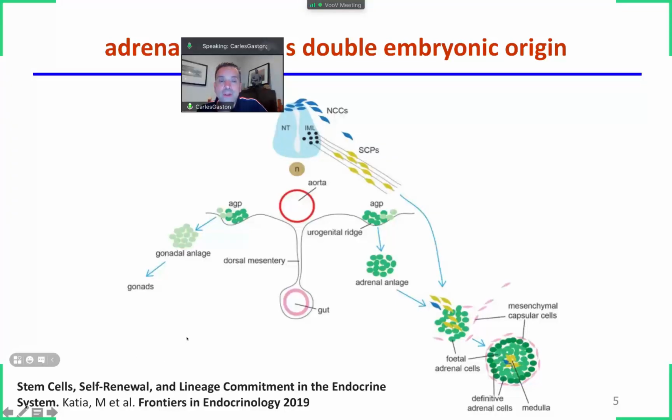Some of them are precursors of Schwann cells and some are neural crest cells. So they migrate, they enter the primordium of the adrenal gland, and they form part of the medulla inside. So the medulla has nervous system origin, sympathetic, and the cortex is formed from the mesoderm cells here.